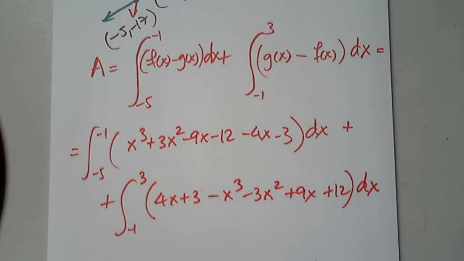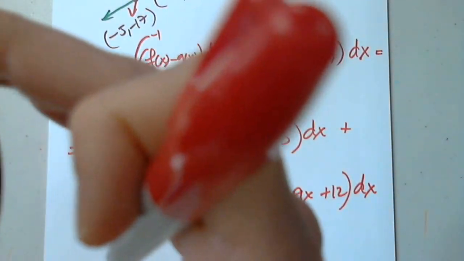These are all polynomials. We can always determine antiderivatives for polynomials. There is no problem here at all.